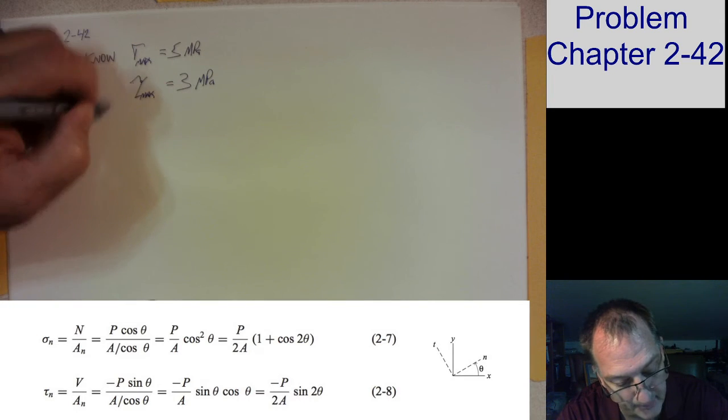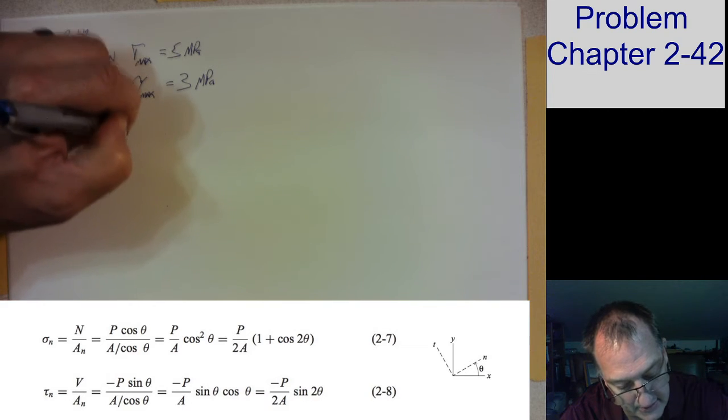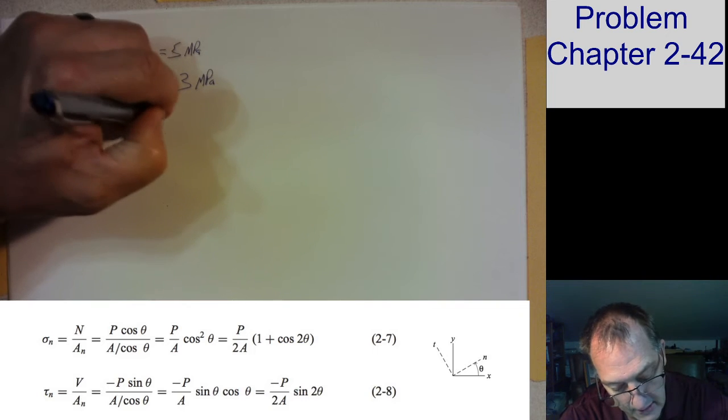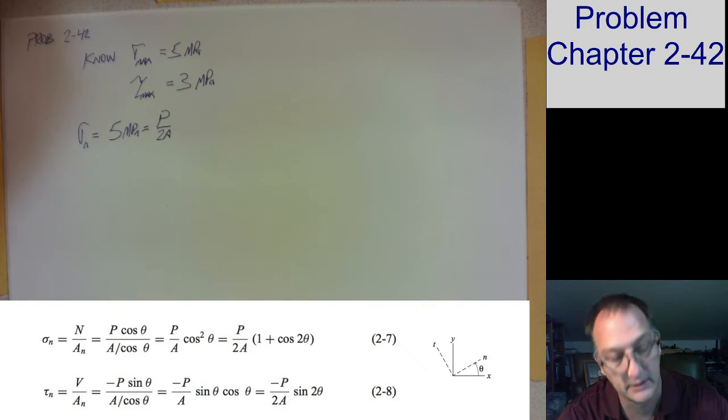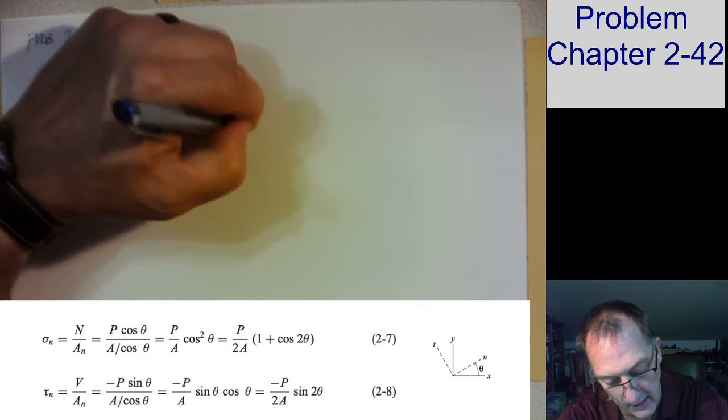I've got sigma n is equal to 5 megapascals is equal to P over 2A times 1 plus cosine of 2 theta.